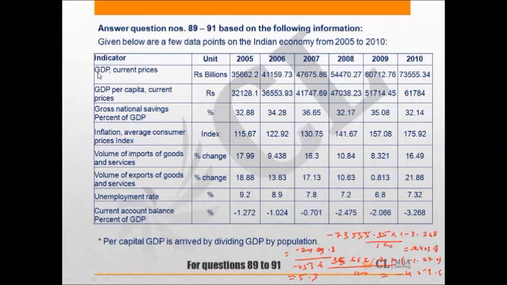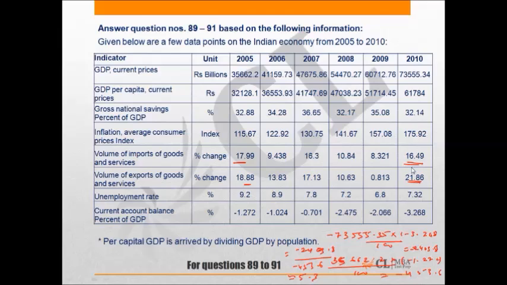From the table it can be seen that export in 2005 as a percentage of change was 18.88% and in 2010 was 21.86%, and in case of imports the figures were 17.99 and 16.49.